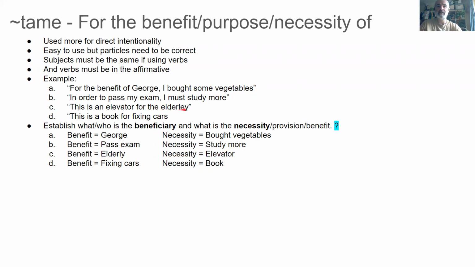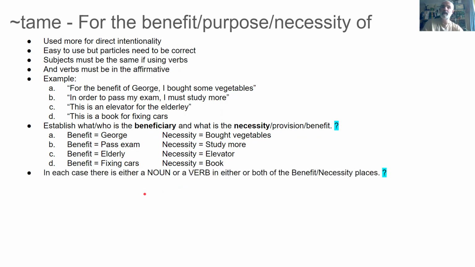This is an elevator for the elderly. The people benefiting are the elderly, and the necessity or the service is the elevator. And finally, this is a book for fixing cars. The benefit is fixing cars, and the necessity or the service is the book.